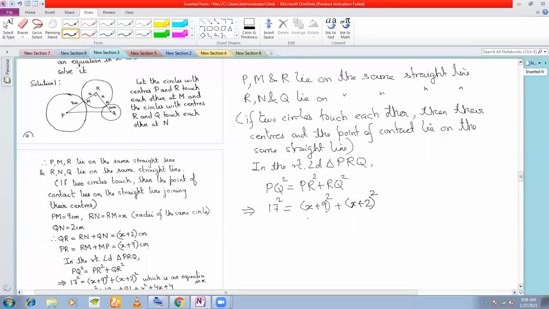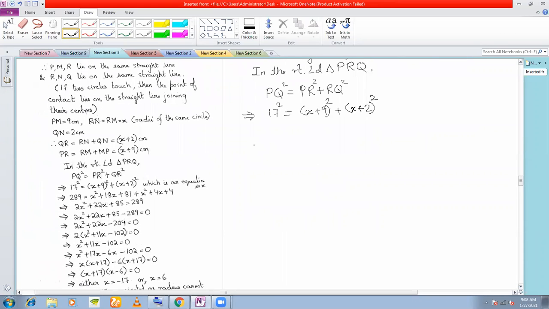Now if you expand, you will get a quadratic in x. And this quadratic, if you solve, you will get your value of x. So let us solve. 17 square is 289. X plus 9 whole square, expand this by a plus b whole square formula: a square plus 2ab plus b square, plus a square plus 2ab plus b square.